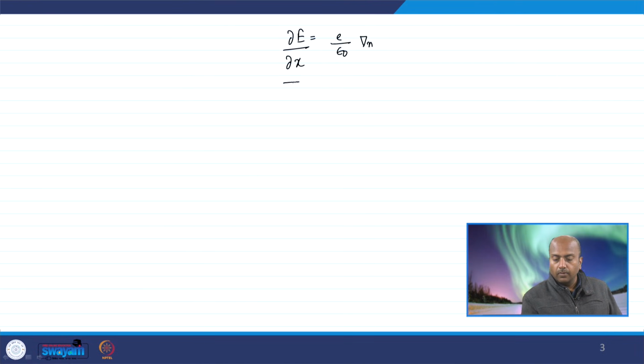So the electric field E is e x delta N divided by epsilon naught, or x rho by epsilon naught, same thing. Now, there is an electric field.